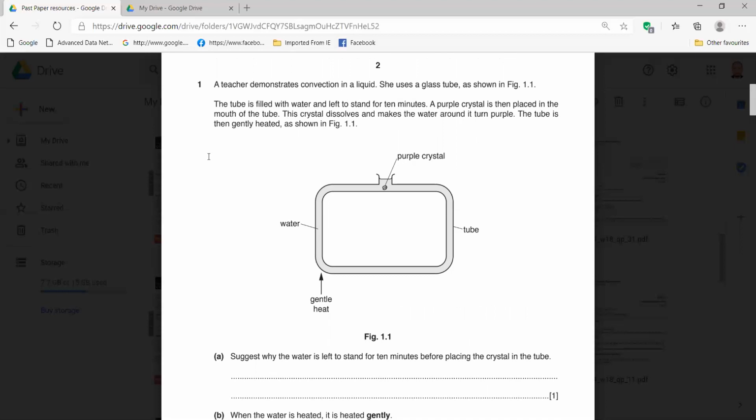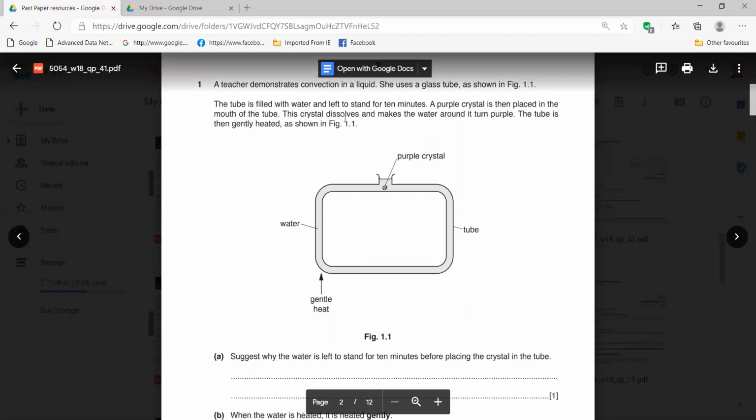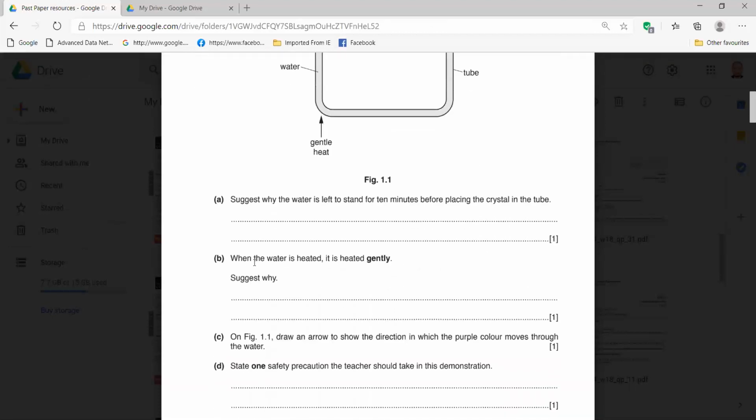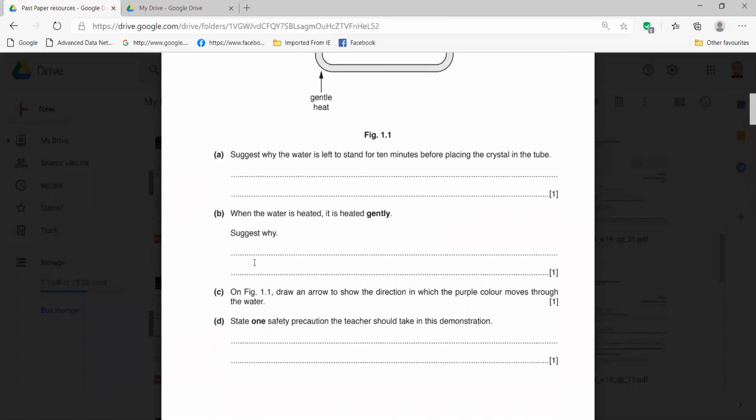Yes. Okay, so this is another idea. Very good. So here you see, she uses a glass tube, right? Glass is very delicate, isn't it? Yes. If you give too much heat, there is also the possibility that the glass might be broken. Can it be? Can't it be?